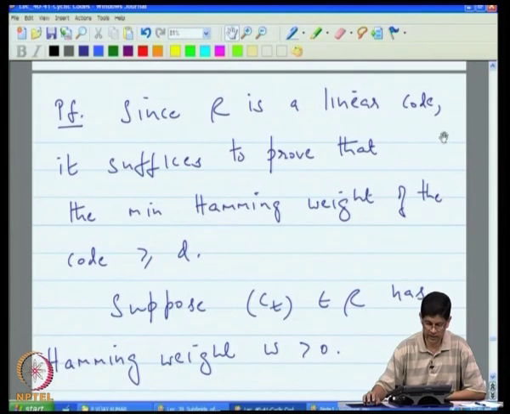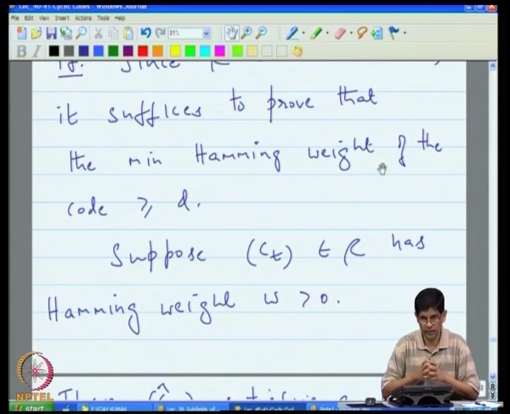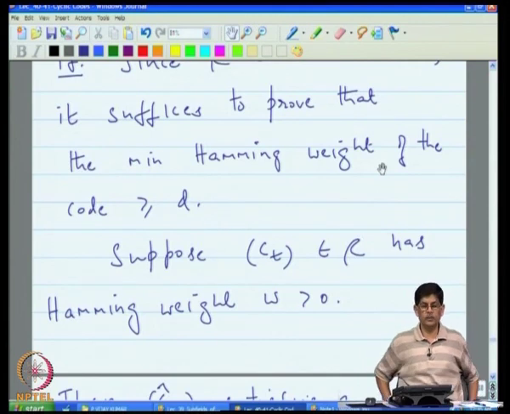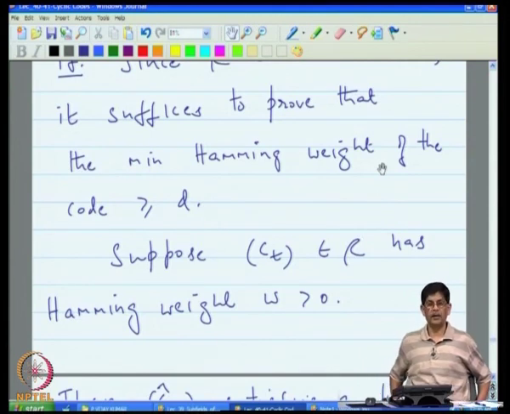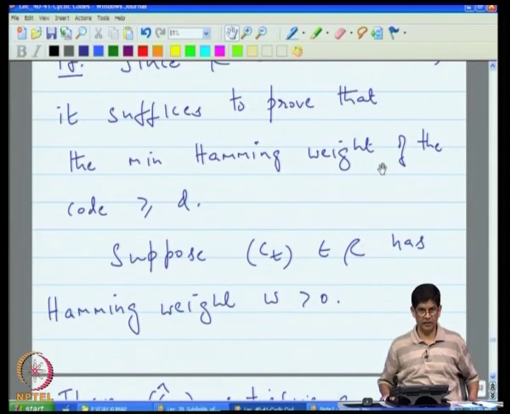Since C is a linear code, it is enough to show that the minimum Hamming weight of a code word is greater than or equal to d. This we proved in connection with binary codes. We showed that in the case of binary codes, the minimum distance is equal to the minimum Hamming weight, but that proof also extends to the non-binary case.